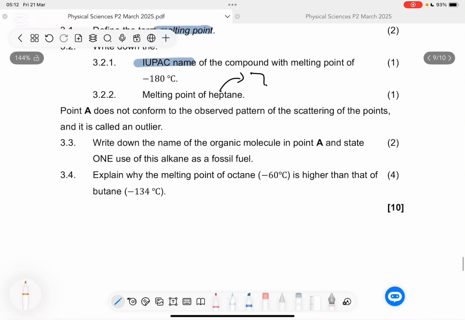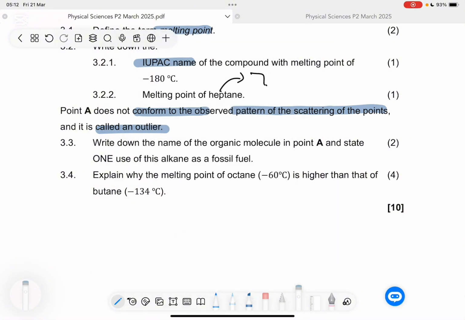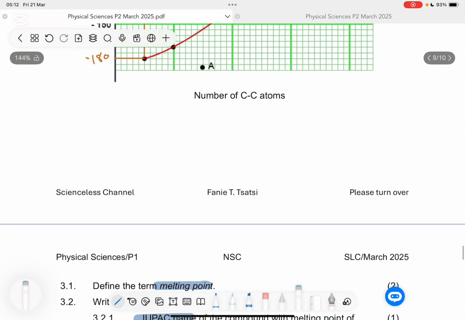We then move to the second part of the question that says to us that a point A does not conform to the observed pattern of scattering of points, and it is called an outlier. As I'm reading this statement, I'm smiling to myself because I said exactly this statement when I was interpreting my problem.